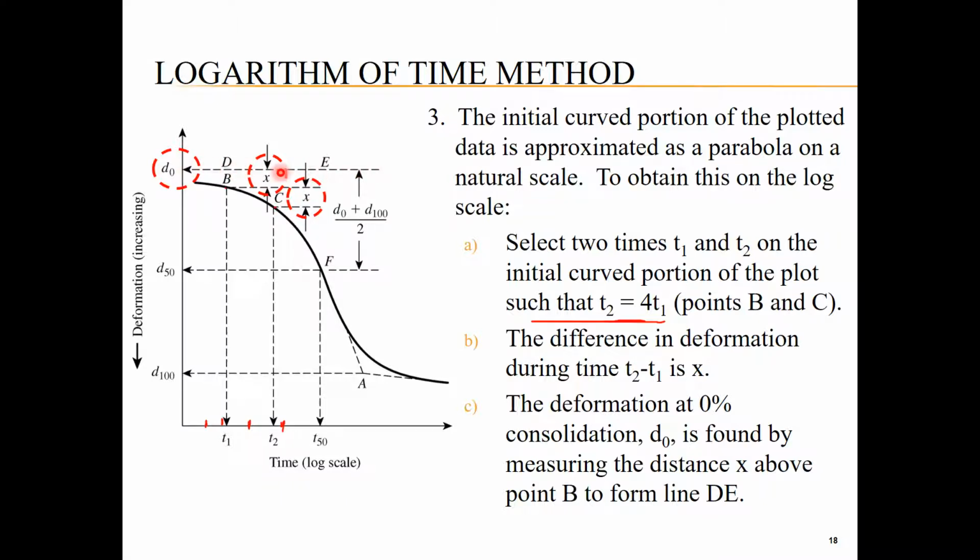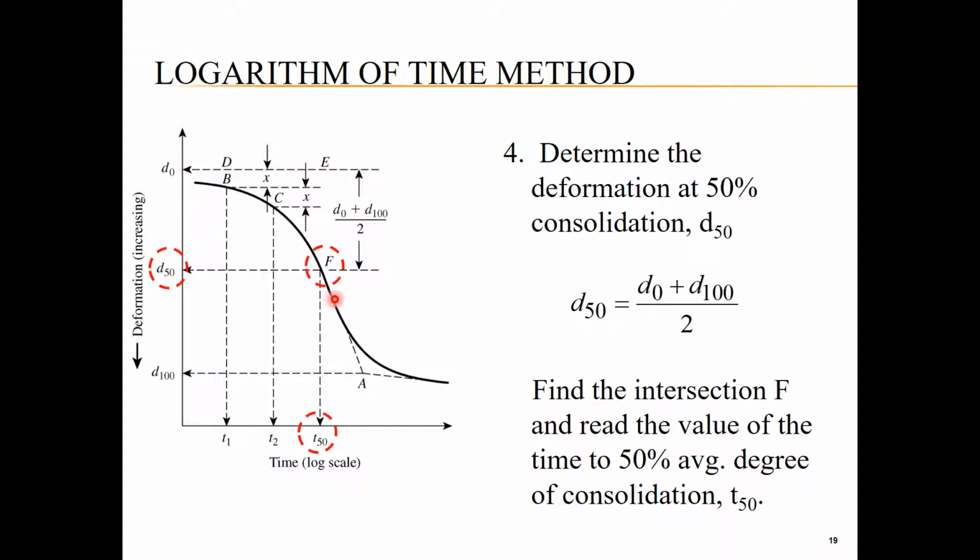That gives you this line, and the intersection is D0. Now you have D0.